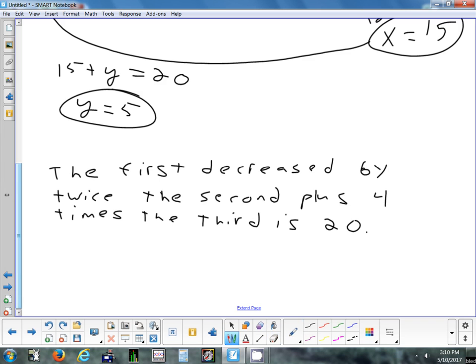So how would you write that one? So x minus 2y, decreased by twice the second. Yep. Plus 4 times the third is equal to 20. Yeah. Good job, guys. So if you were going to have one like this on the test, they would give you 3 sentences, and you'd turn all 3 into equations. But they're going to be just like that.